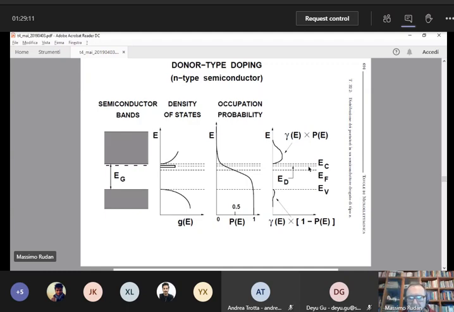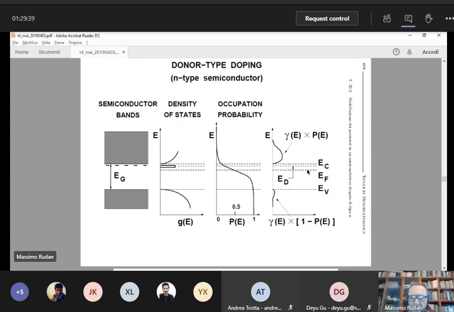At some point, the distance between EF and EC will become smaller than kT, so we cannot use anymore the exponential, but this is of no importance. I mean, the concept is the same. When you increase the doping concentration, EF goes up in the N-type semiconductor.